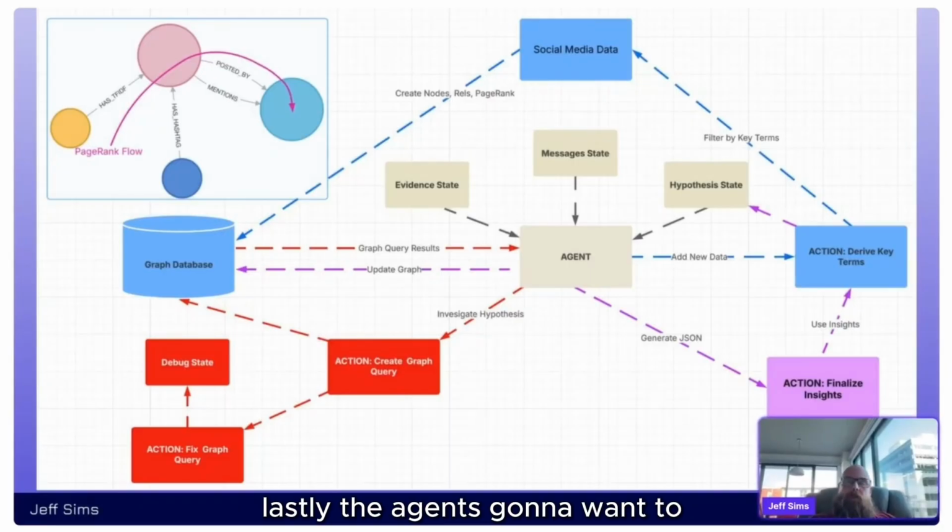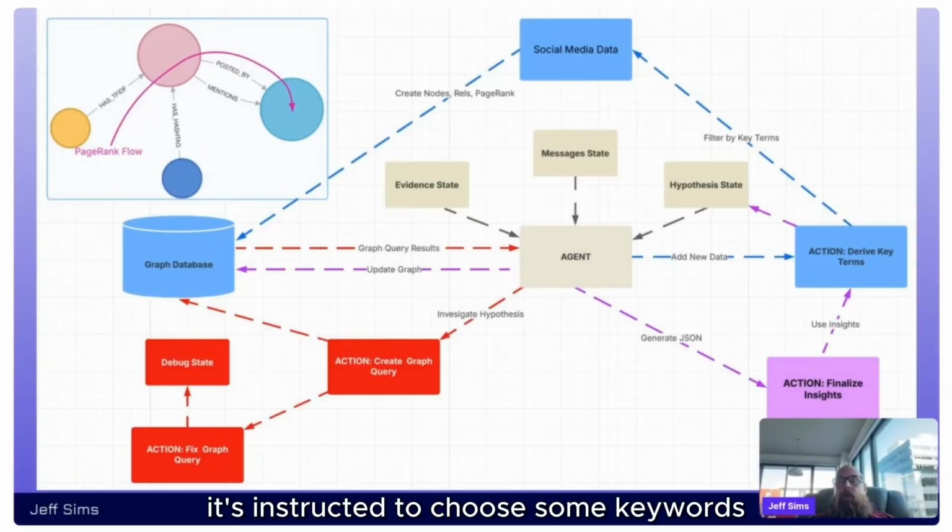Lastly, the agent's going to want to get some new raw data into the graph to continue investigating. It does something very similar to what we did. It's instructed to choose some keywords based on the final insights. It then uses those keywords to filter the social media data, and then it creates nodes and relationships, reruns PageRank, and starts an investigation cycle.